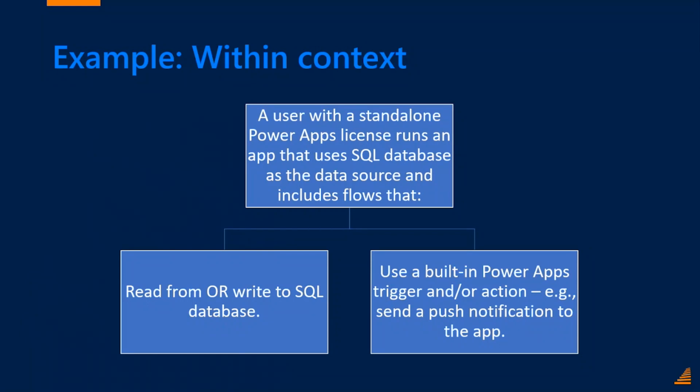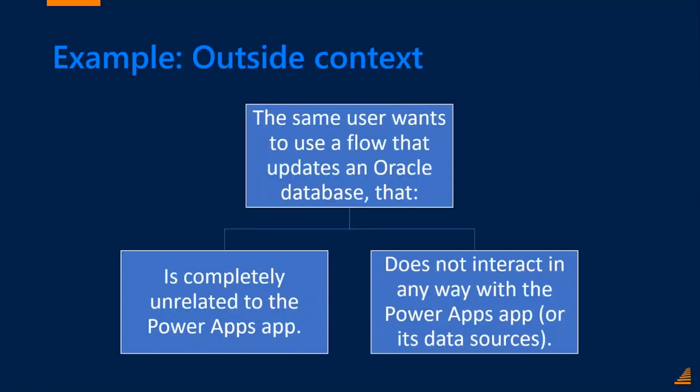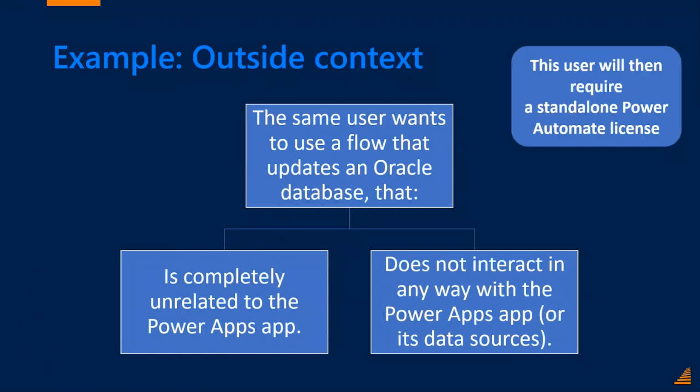The app is around SQL and the Power Automate flow is using SQL. That's totally fine. As an example of what's out of context, a similar scenario, but with an Oracle database that's not related to the Power App, then that would be out of context, and they would need a standalone Power Automate license.